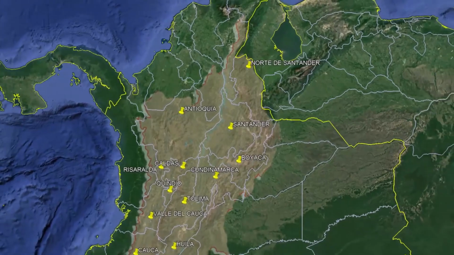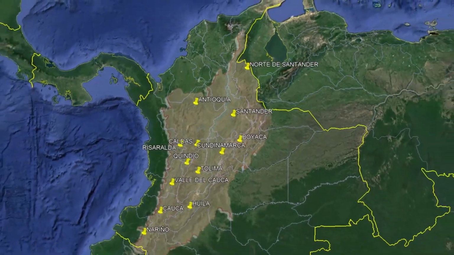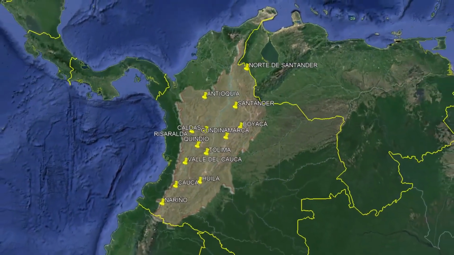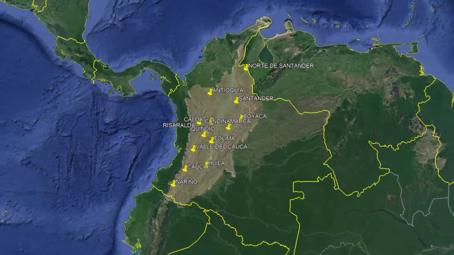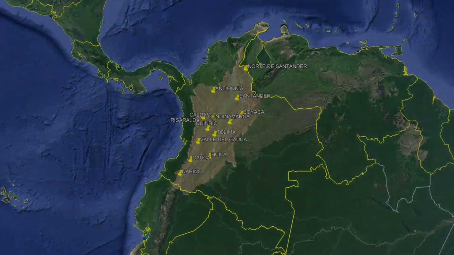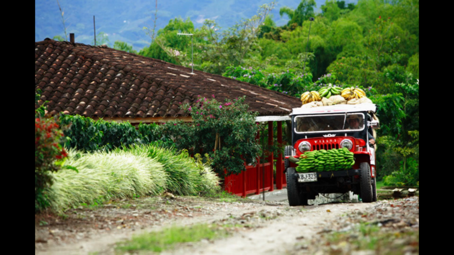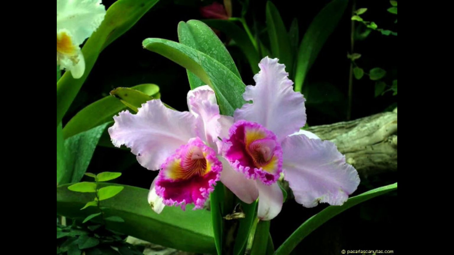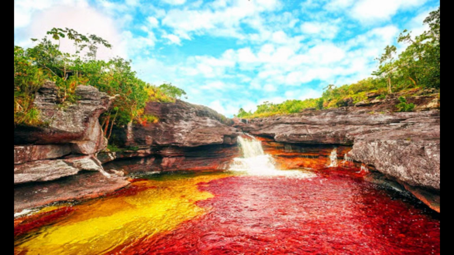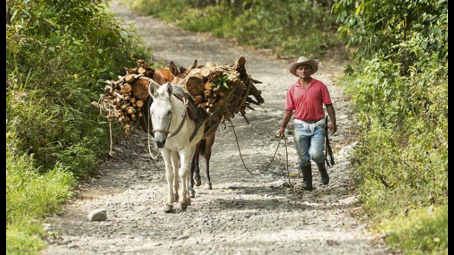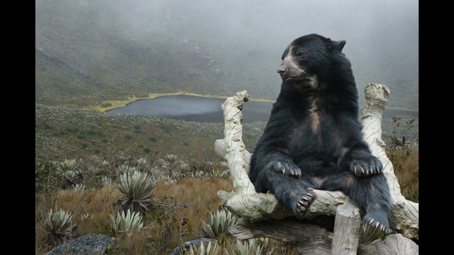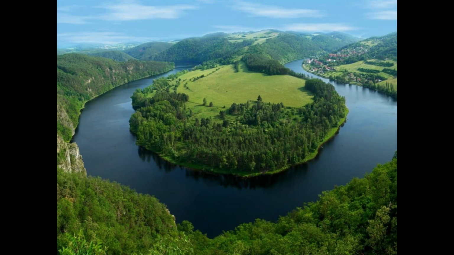As you know, the Andean region is one of the 6 natural regions of Colombia, a territorial division made from a heterogeneous characteristic in terms of relief, climate, vegetation, and soil classes in the country. 10 departments are part of the Andean region: Antioquia, Boyacá, Caldas, Cundinamarca, Huila, Norte de Santander, Quindío, Risaralda, Santander, and Tolima.